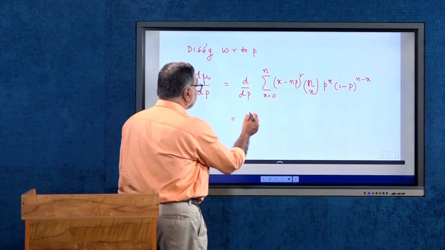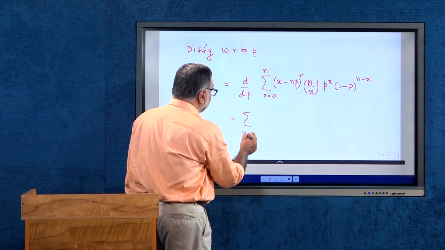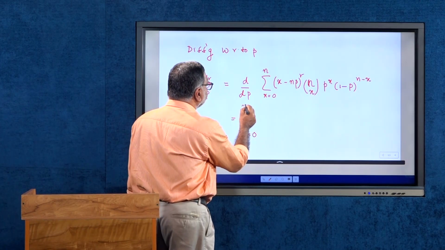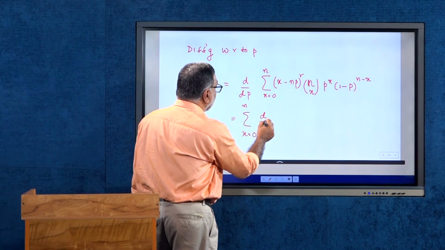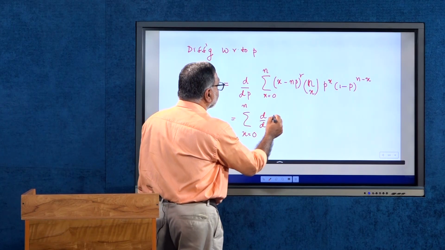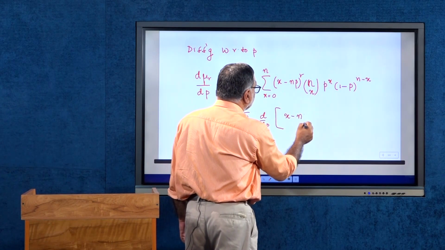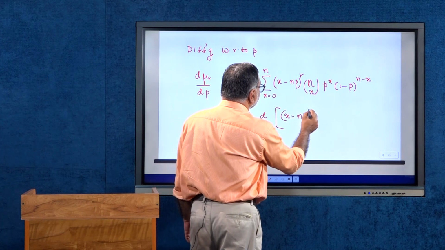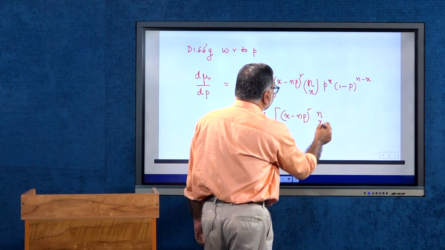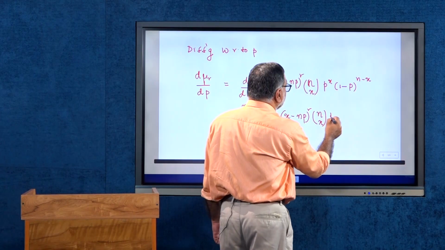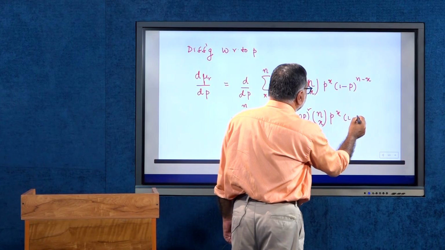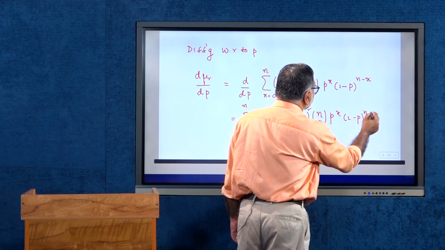So, this is sigma x is equal to 0 to n, derivative of the expression x minus np power r nCx p power x 1 minus p all power n minus x.